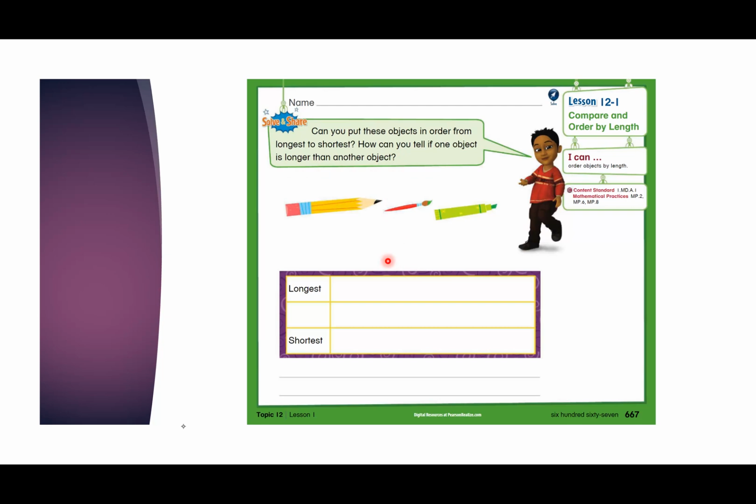Come on, tell me which is the longest. I will give you some time. So if you say pencil, excellent. The pencil is the longest. Now, which is the shortest? The paintbrush.